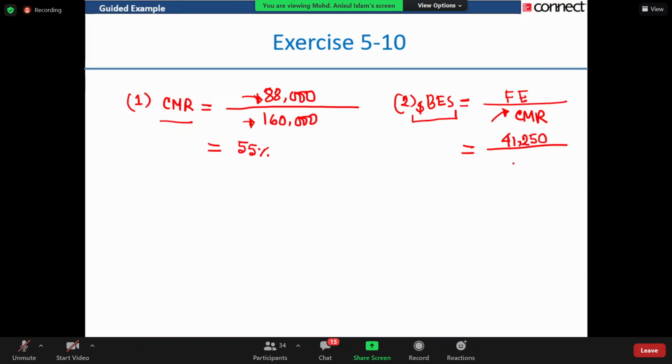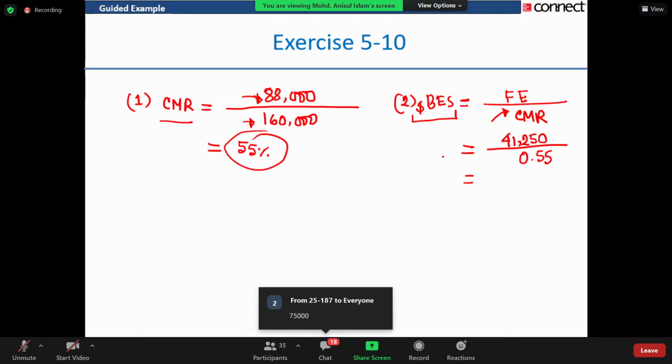And the contribution margin ratio we solved here is 0.55. So break-even sales dollar is how much? Your calculator should yield $75,000.